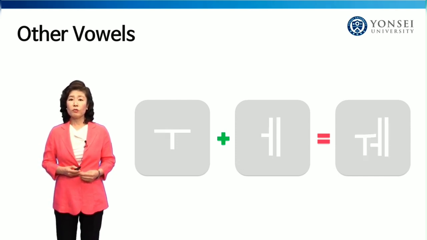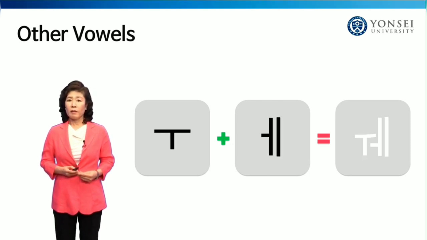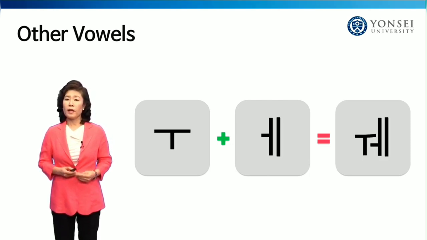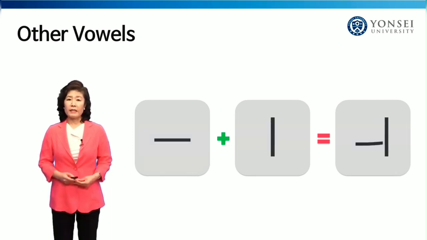Next, u and e are combined to form we. Ui has no English counterpart, but you can remember it by the double O-E sound in gui.